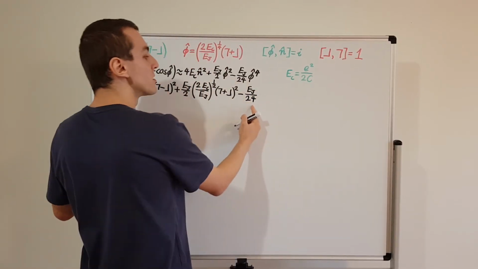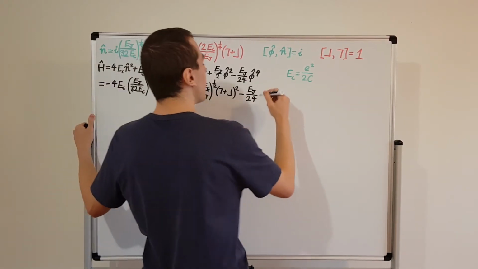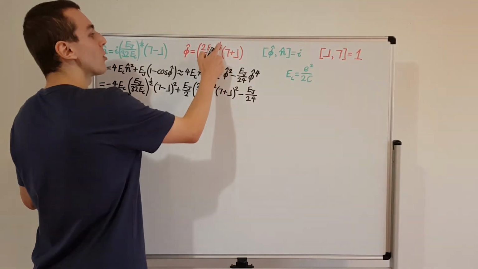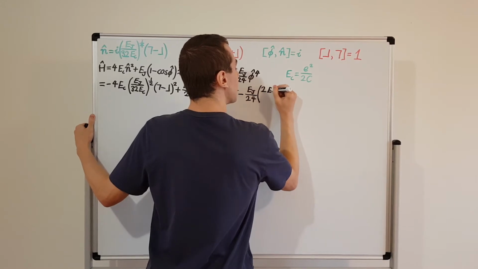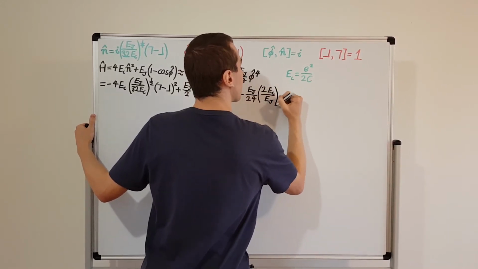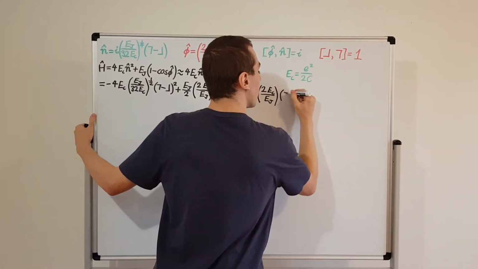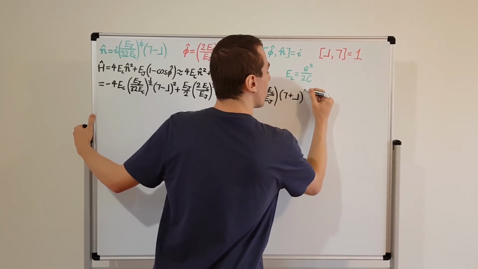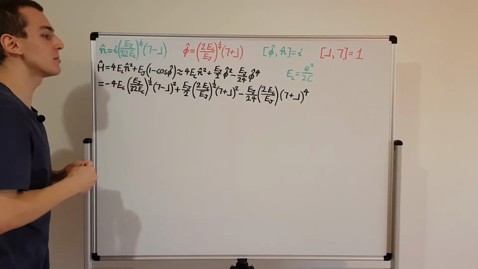This 24 comes from 4 factorial. This is from the Taylor series expansion. And then, because we're raising this to the power of 4, that cancels with this power of 1/4. So then we're left with 2EC over EJ. And there's no power because we've canceled it out. And then finally, we have the sum of the creation and annihilation operator to the power of 4. So this is what we have. We've just substituted it in.